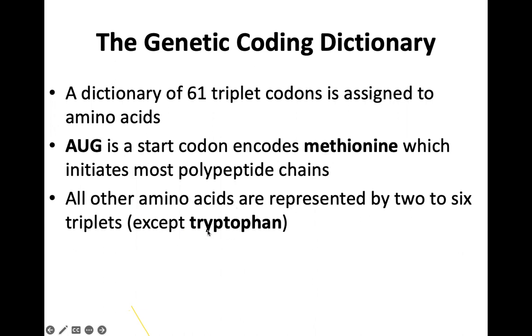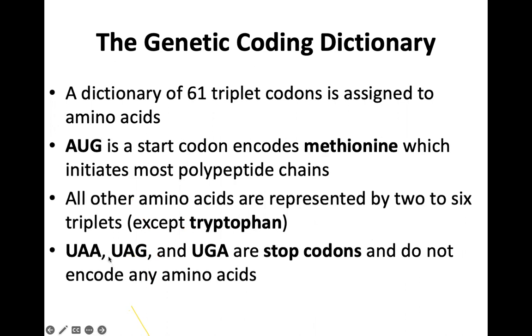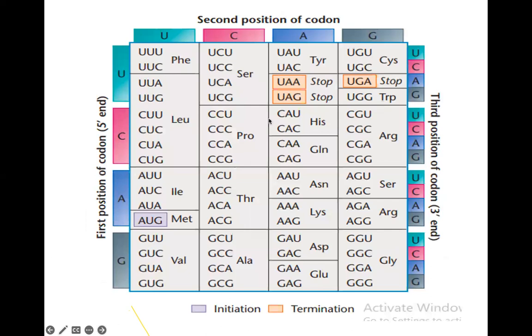In case of tryptophan, there is only one triplet. So UAA, UAG, or UGA all encode for the stop codon, and they do not encode for any amino acid. So there will be no amino acid added at the end of the chain.